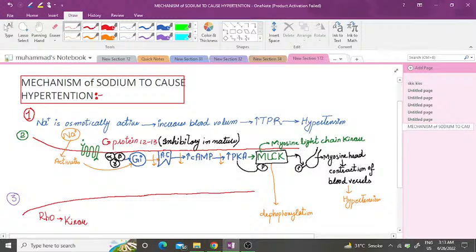So Rho receptors are present on the surface of the blood vessels, and these receptors are associated with second messengers as well.